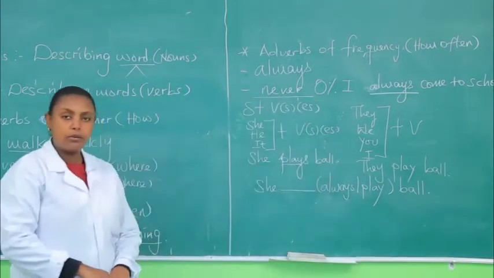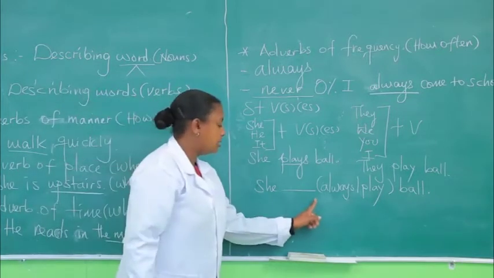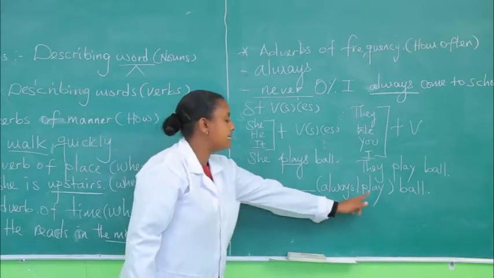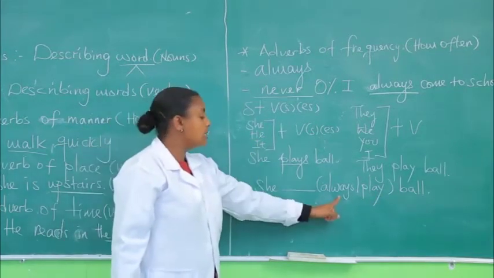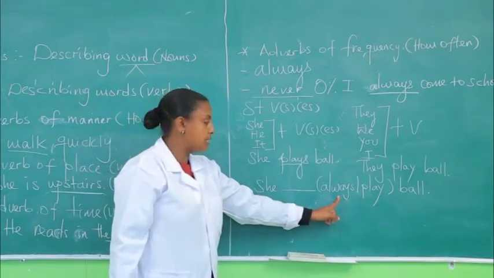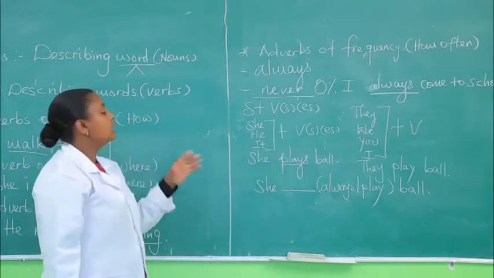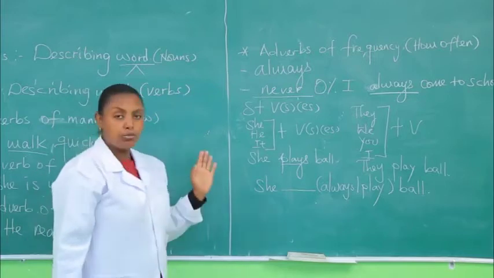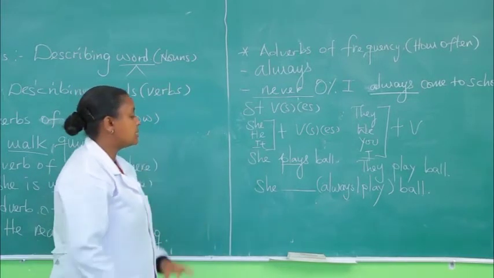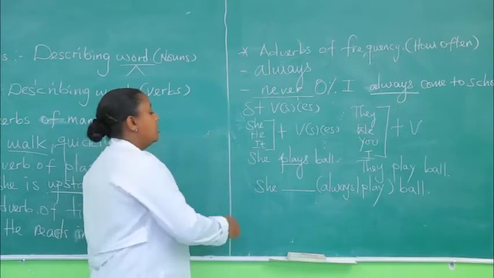Now you are going to fill the blank. What did I do? I added only the adverb of frequency. So you remember that we said adverbs of frequency are always used with simple present tense.